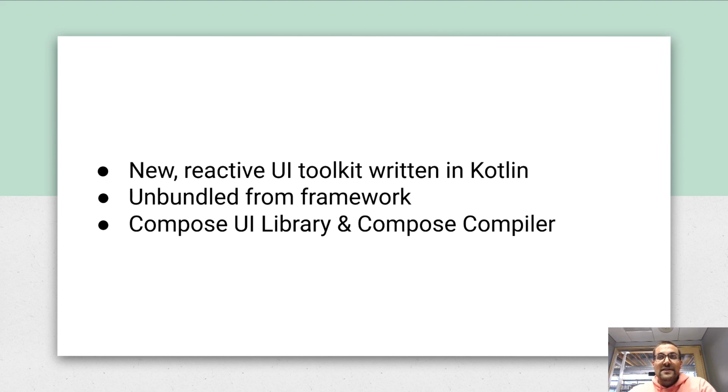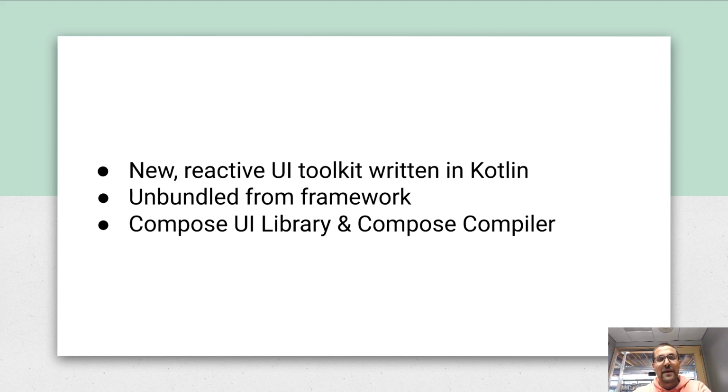And this represents a huge change because it's going to allow them to move more quickly and fix things faster. You won't have to wait for your minimum API levels to catch up to a bug fix. And just this kind of change from this very XML-dominated UI world into this declarative code-based UI world is possibly a really big change. I'm interested to see what that looks like down the road.